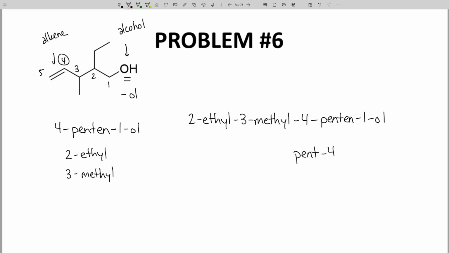They'll put the number right before the alkene: pent-4-ene-1-ol. So this problem shows that alcohols are higher in priority than alkenes, and so therefore when we find our longest chain containing the alcohol, we number to get the alcohol at the lowest numbered end as possible.